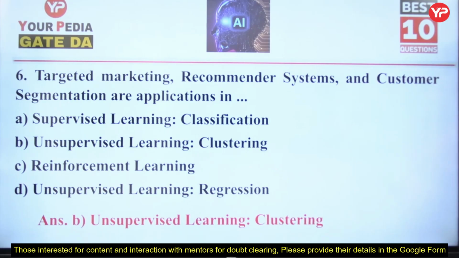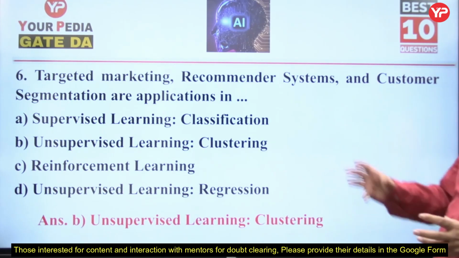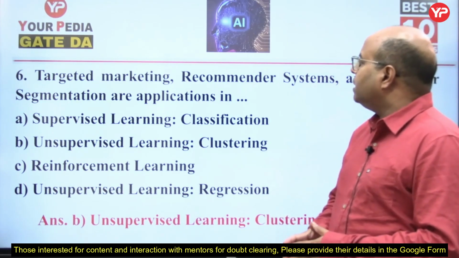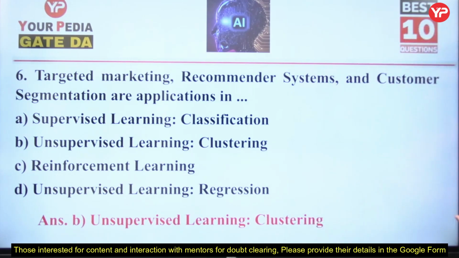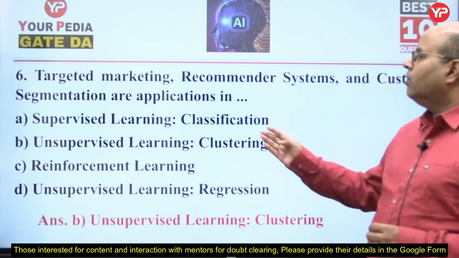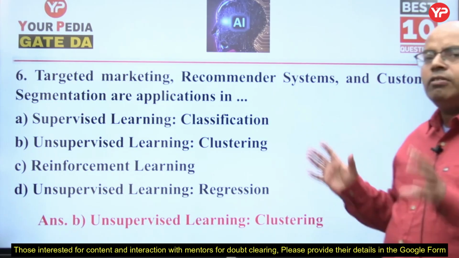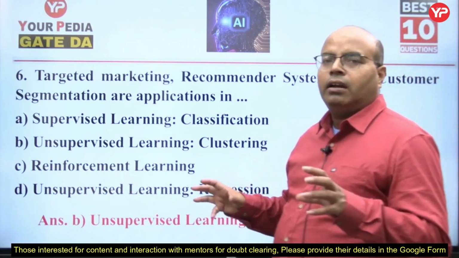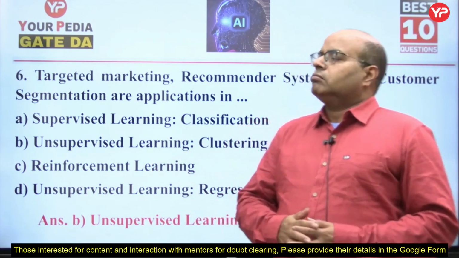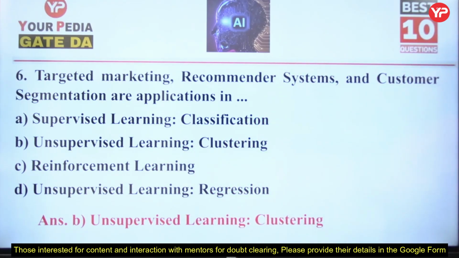We are doing clustering in targeted marketing, which product shall go where, in recommender systems to recommend which products you shall take, and in customer segmentation. These all are from the application itself. The machine does it, like in segmentation always the machine does the segmentation and finds the core groups. So that is of course unsupervised learning always.